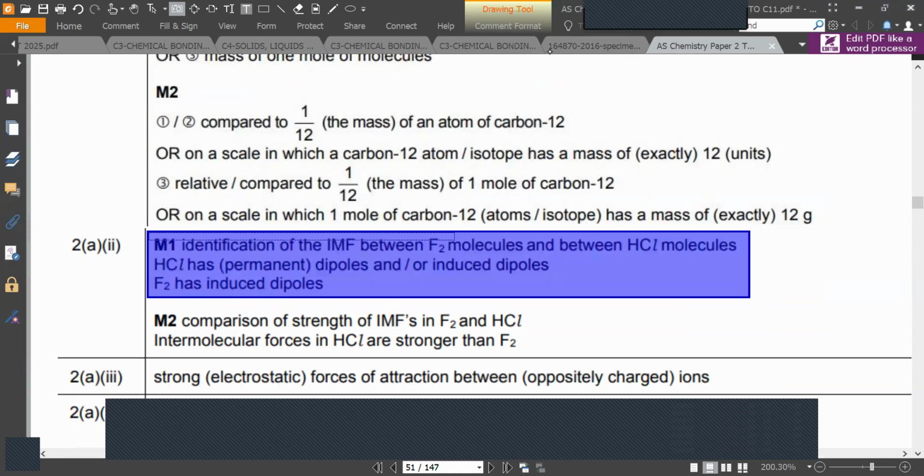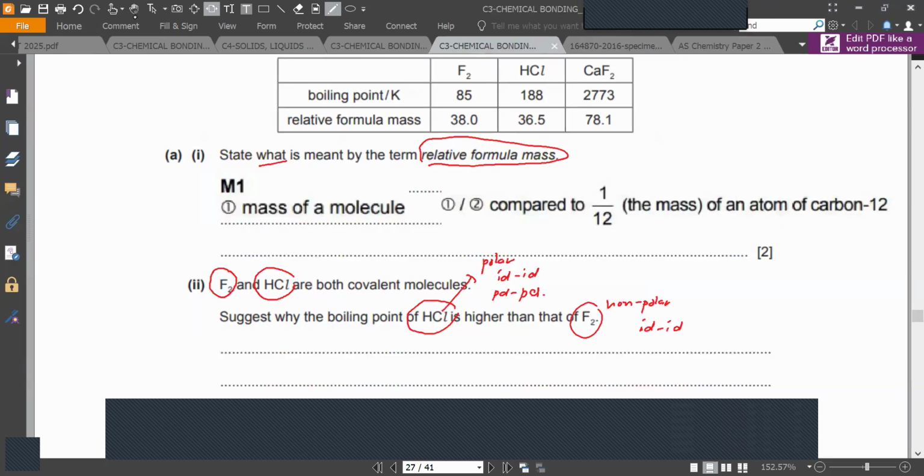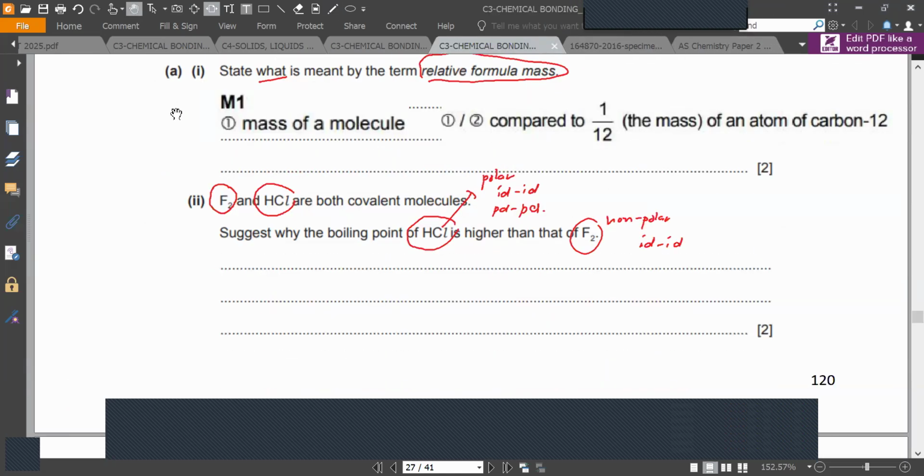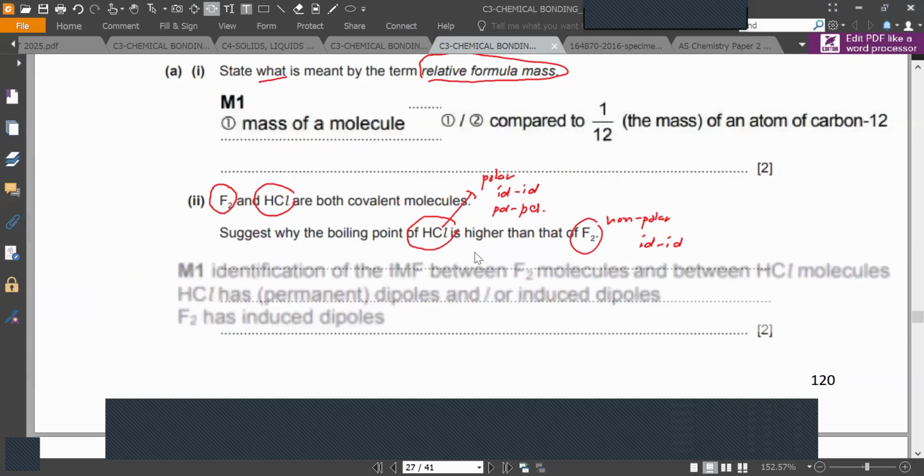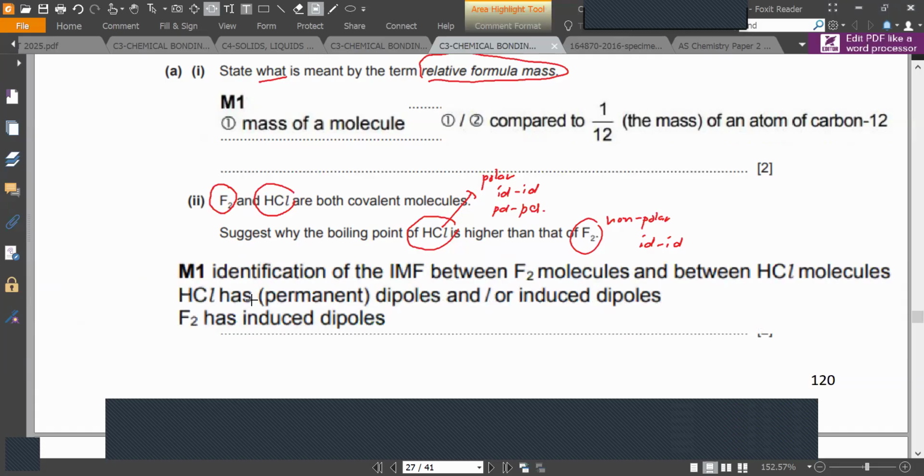So this is the explanation that we can give. HCl has permanent dipole and also induced dipole, but fluorine only has induced dipole.